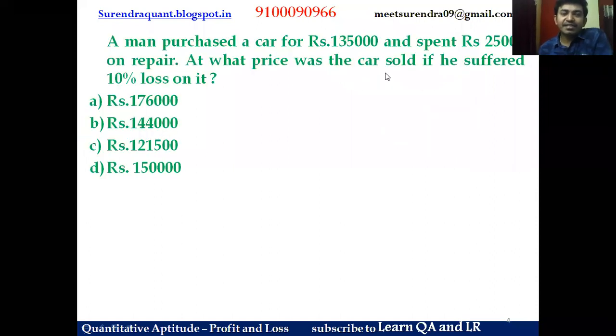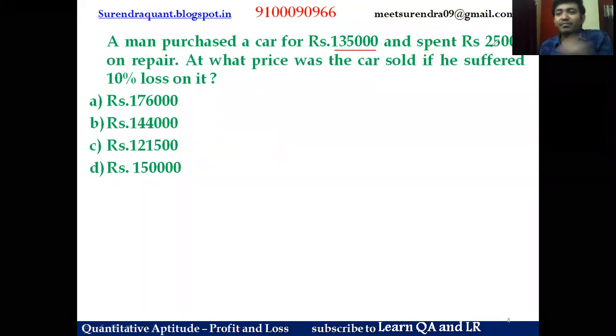A man purchased a car for 1,35,000 rupees and spent 25,000 rupees on repair. At what price was the car sold if he suffered 10% loss on it? So friends, he purchased for 1,35,000 and he spent some money on repairs, which comes under the cost price only, right?